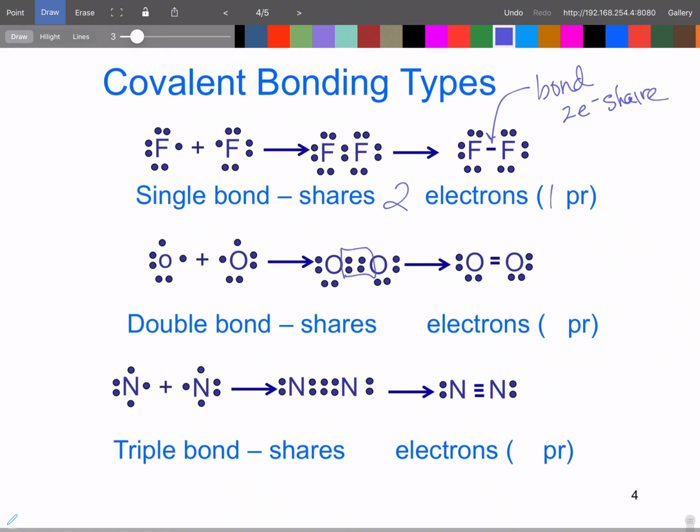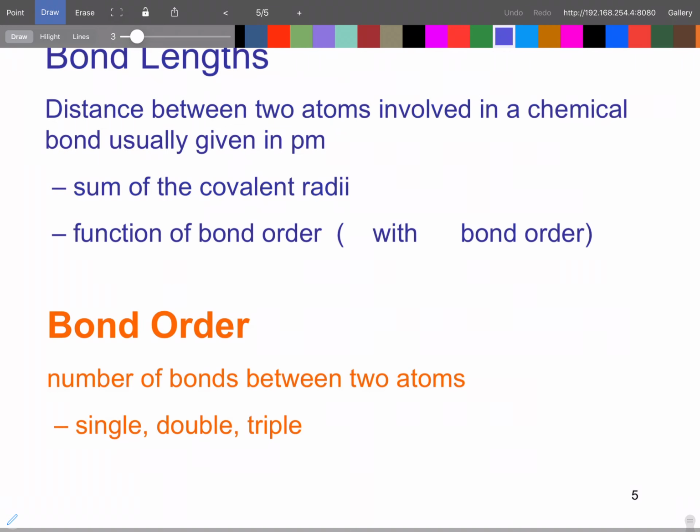So we replace that with a double bond. That's four electrons, that's two pairs. So that would be a double bond. Nitrogen is sharing three sets or three pairs. So it's a total of 6 electrons with 3 pairs. So it is a triple bond indicated by the triple lines.